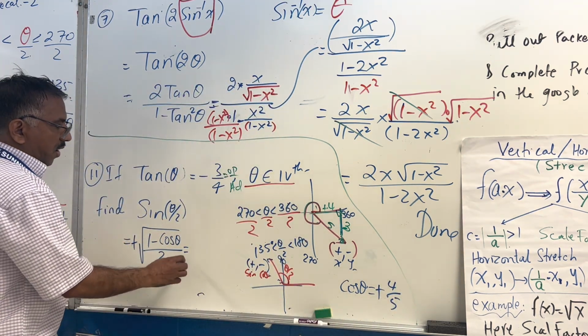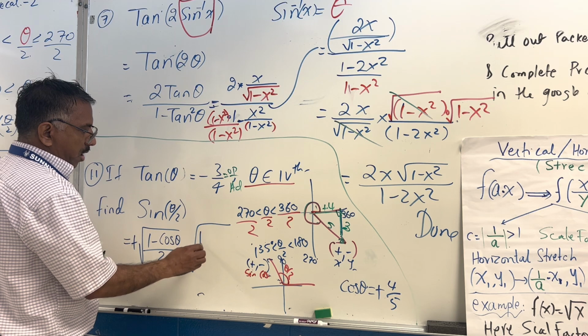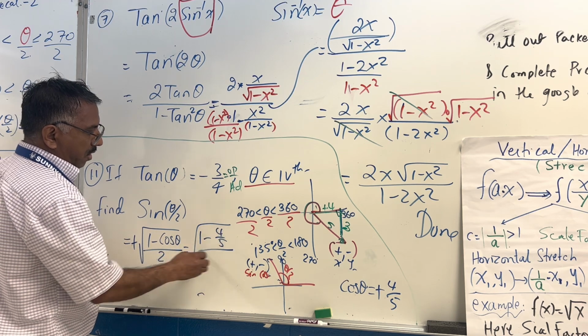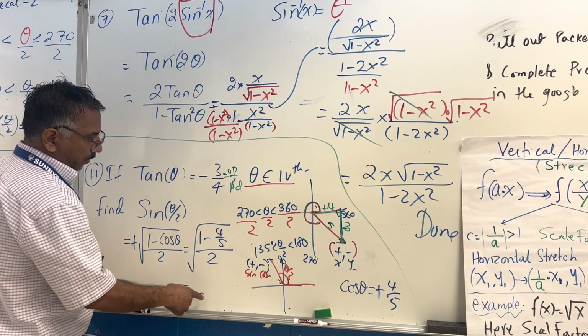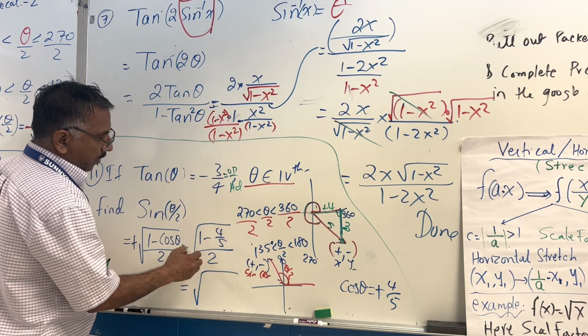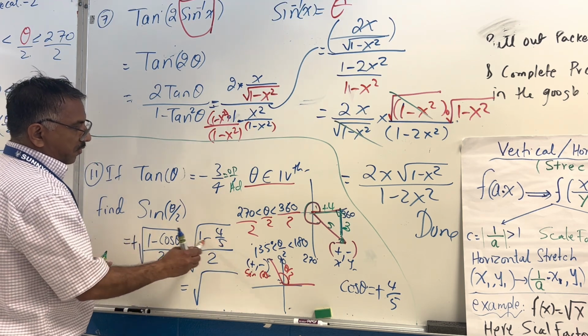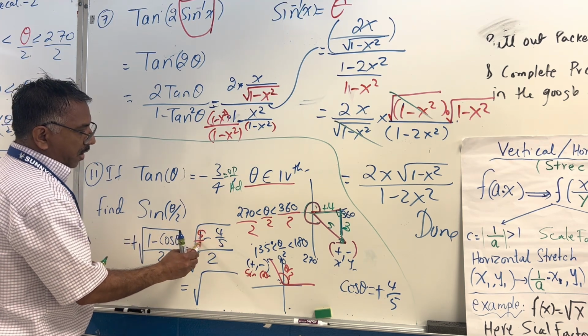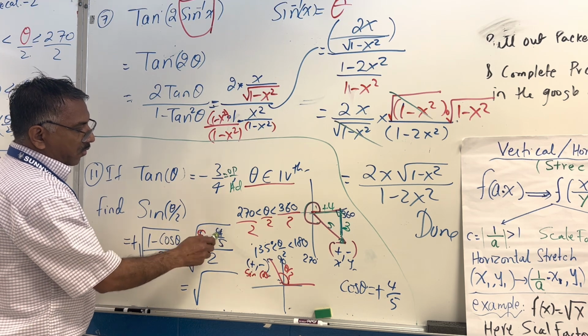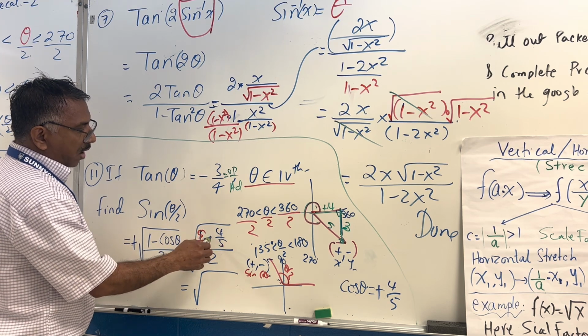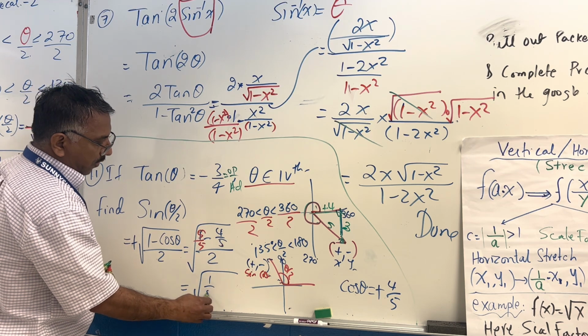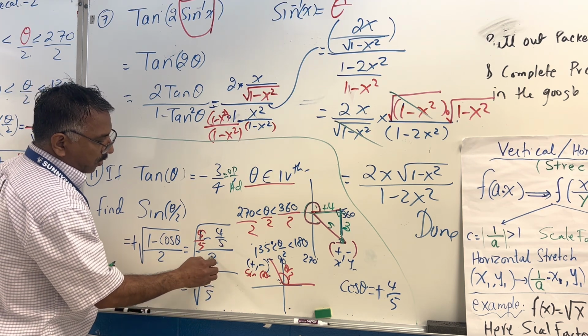So we substitute 1 minus 4/5 divided by 2. Multiply 5 divided by 5, so 5 minus 1 is 1/5. So 1/5 stays, and this is 2 divided by 1.